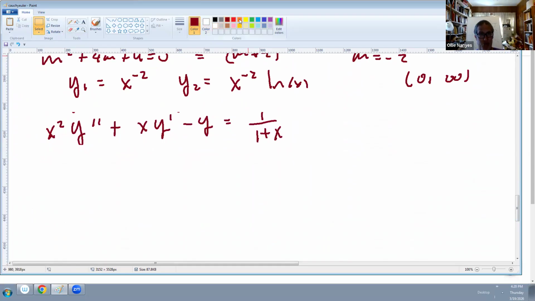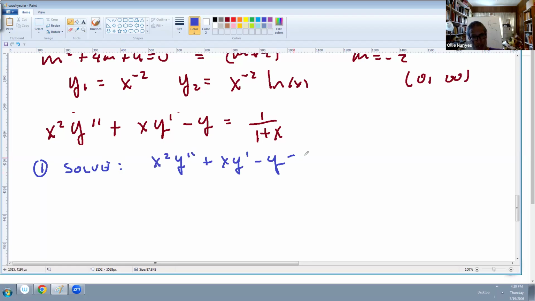Now, since we have a non-homogeneous equation, the very first step is to solve the related homogeneous equation to get homogeneous solutions.